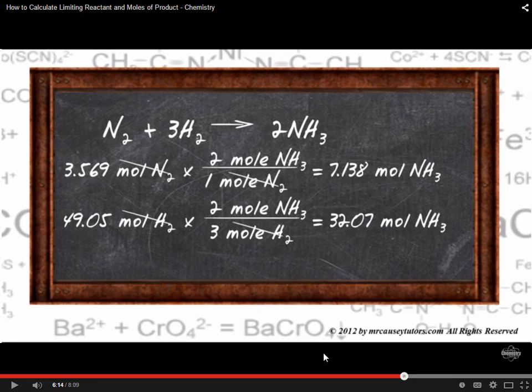The most we can make is the least that is produced. Think about that. Yeah, the least is the LR. Exactly. Because it's the least that's produced.